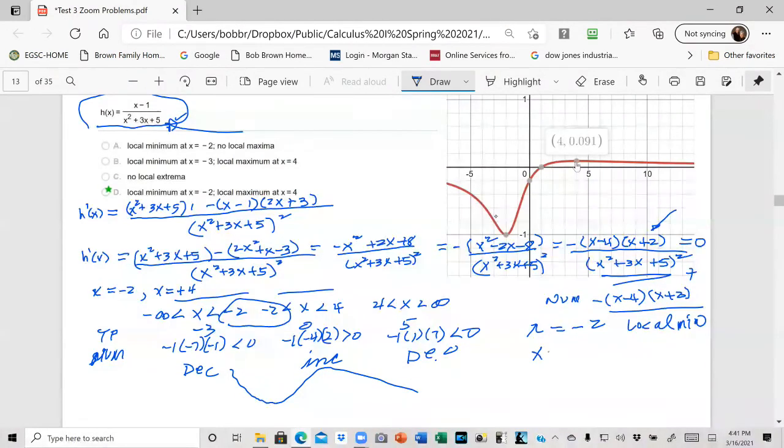And at x equal 4, it's a local max. And here is a graph. You see it's decreasing, increasing, and then just to the right of plus 4, it's decreasing again. So it's answer D, local minimum at minus 2, local maximum at 4.